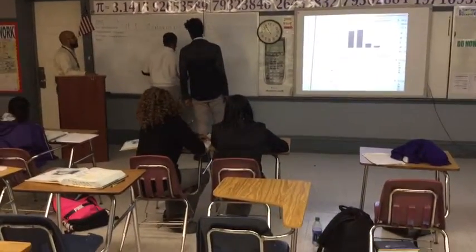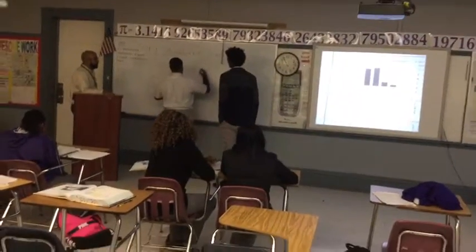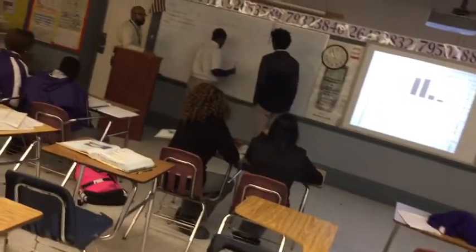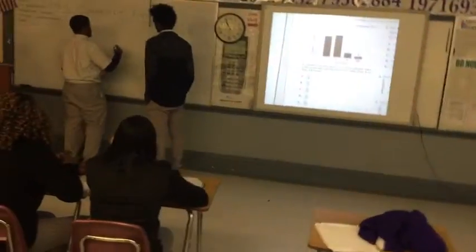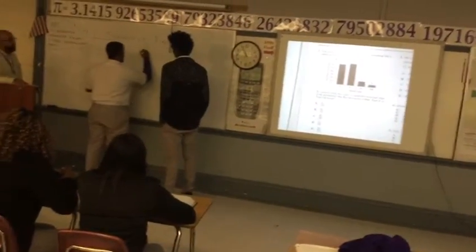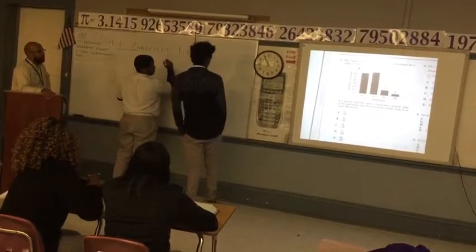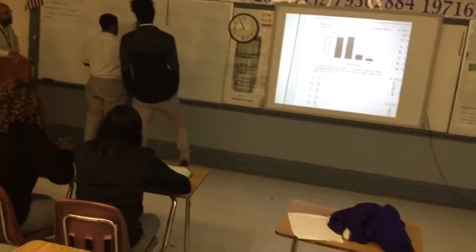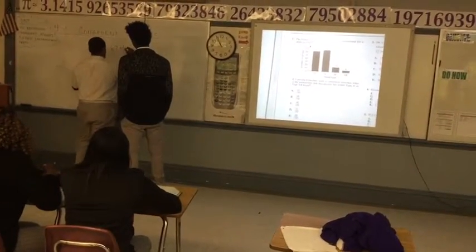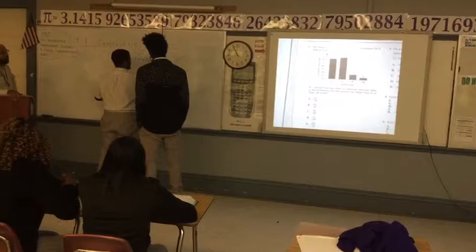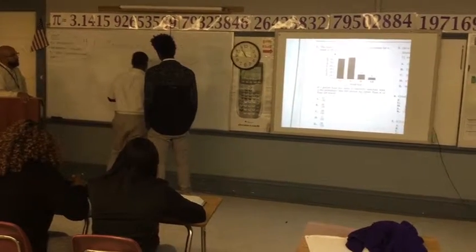So if there are 150 people, we just want the ones with A and AB blood type. We've got to add the amount of people with A blood type, which is 67, and the people with AB blood type, which is 6. So that's going to equal 73 people with A or AB blood type.